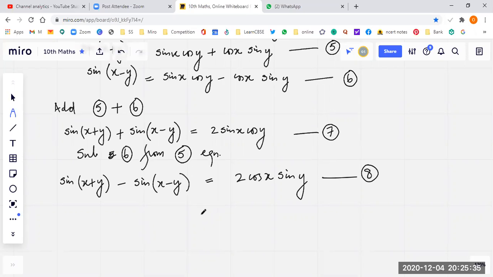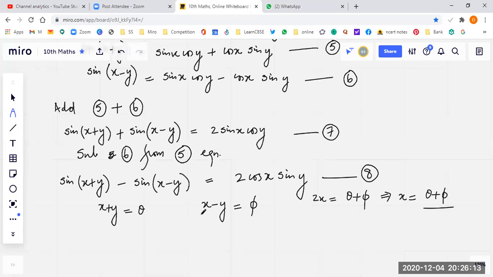All right. Now, see, x plus y, x minus y is coming again and again. So can I write x plus y is equal to theta and x minus y is equal to phi? So what will be x? Please add both of them. 2x is equal to theta plus phi. So x is theta plus phi divided by 2.